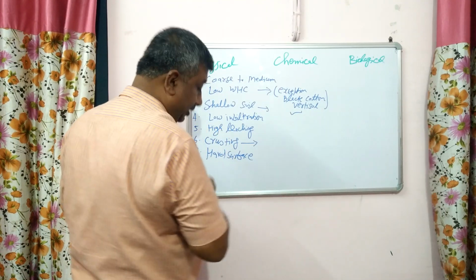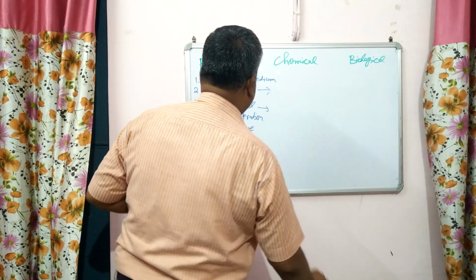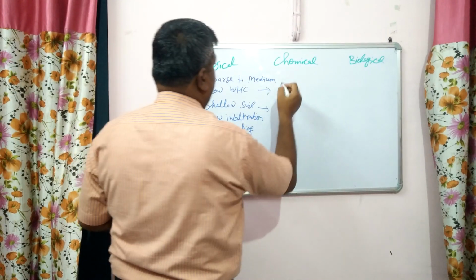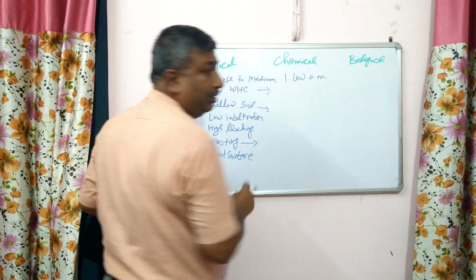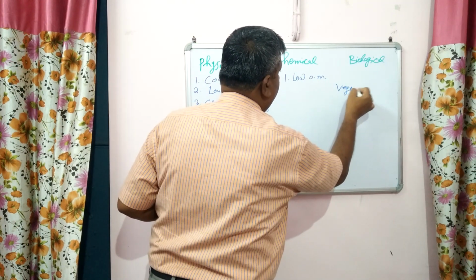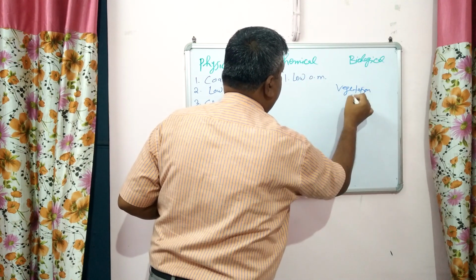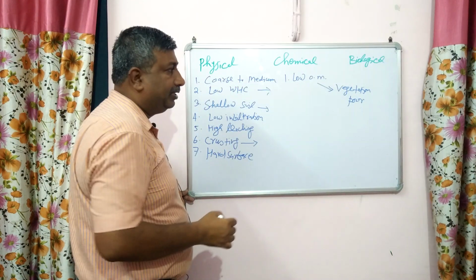In the case of chemical properties, the major problem is low organic matter content. Why is there low organic matter content? Because vegetation is poor, and vegetation is responsible for the organic matter.